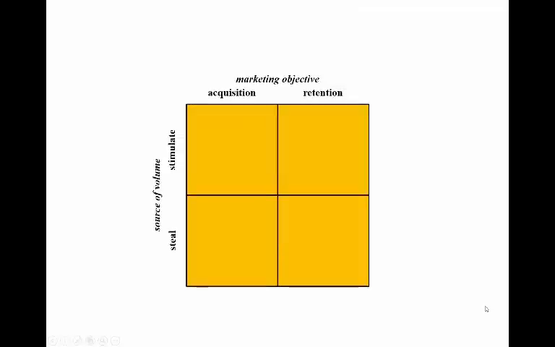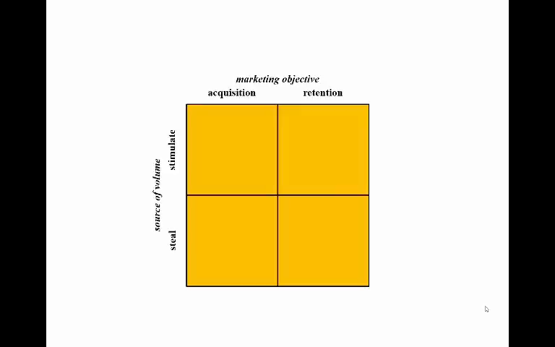This is what the strategic quadrants framework looks like. As I mentioned, again, you can see it's a 2x2 matrix. We have source of volume, and the two options for source of volume there are to steal demand or stimulate demand. And then in terms of our marketing objective, we also have two options, one to acquire new customers and two to retain customers. So marketing objectives, acquisition and retention.